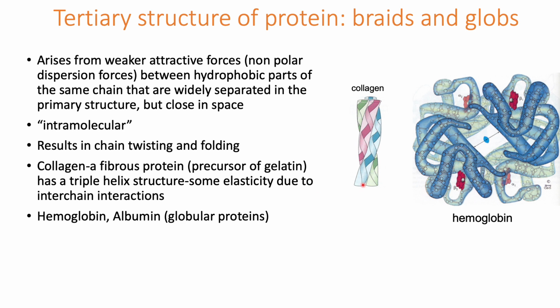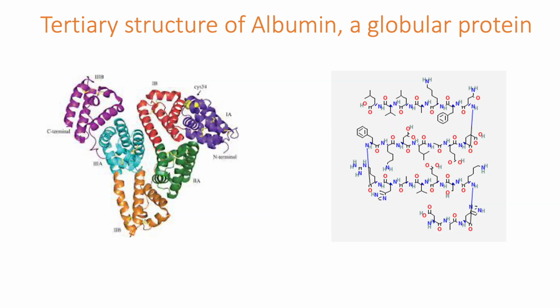The other examples are hemoglobins and albumins. These are globular proteins. Globular proteins are named for their approximately spherical shapes, and these are the most abundant proteins in nature. They exist in an enormous variety of three-dimensional structures.